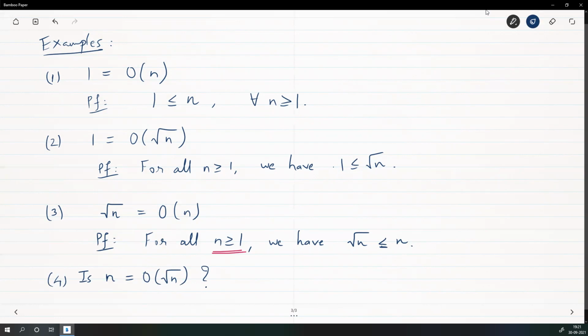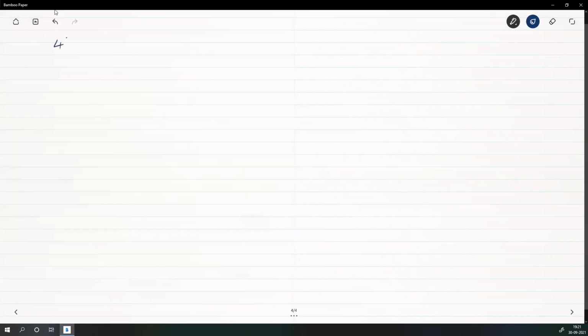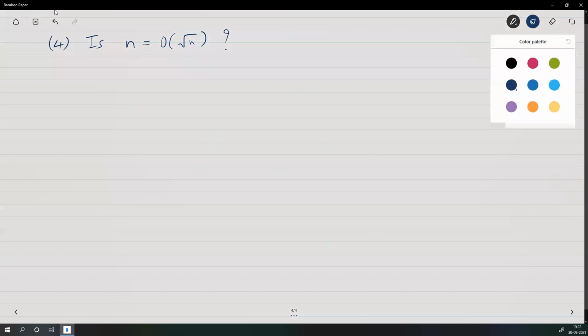The answer in this case is no. Why is that? Because now we need to give a slightly more involved argument, a carefully written proof. Let me go to the next slide and show this. The question once again is, is n big O of square root n, and the answer is no.